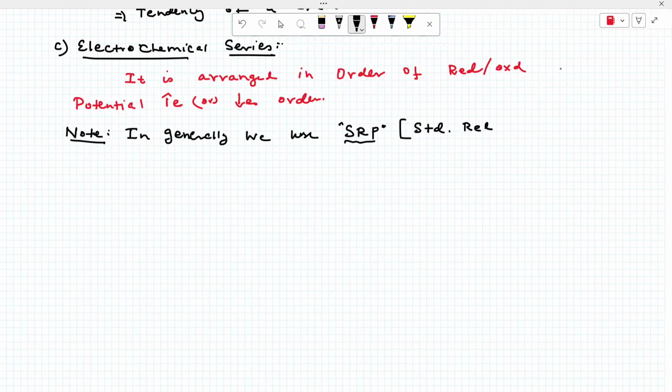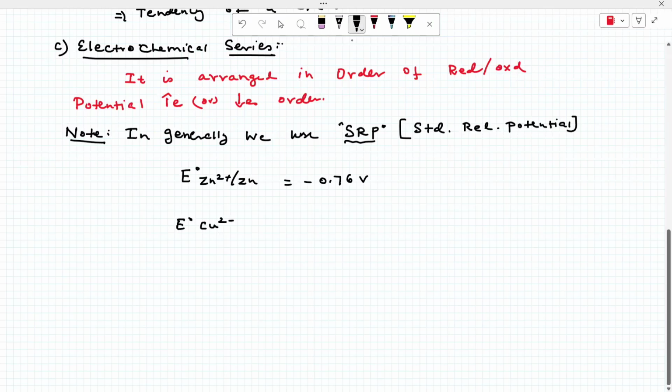For example, E naught of Zn2+ to Zn, what is the value? It is minus 0.76 volt. Similarly, copper: Cu2+ to Cu is plus 0.34 volt. Please note, these are some examples of reduction potential.